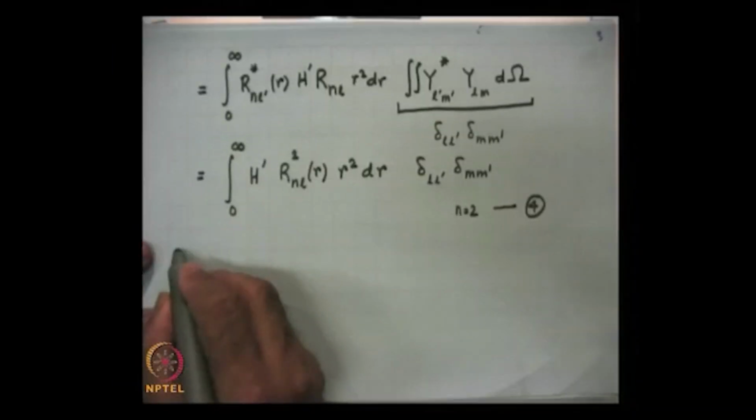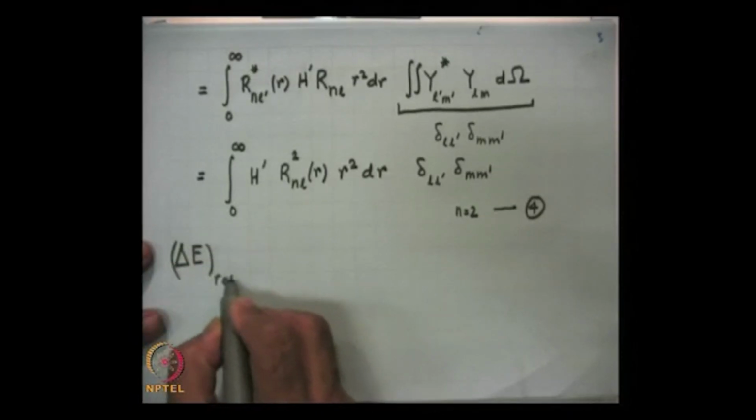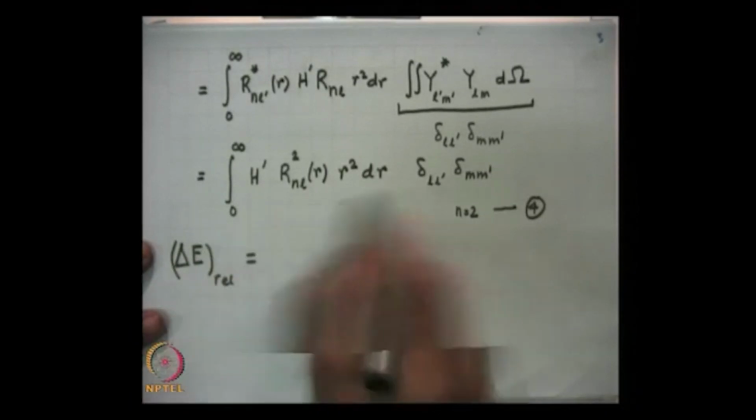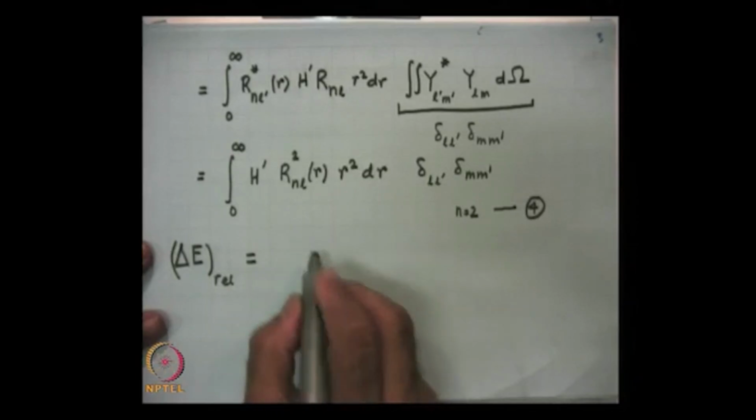So, we already have a representation in which h prime is diagonal, and therefore the diagonal elements will be the perturbation. Therefore, the delta E due to relativistic effects will be just the diagonal terms when L is equal to L prime and M is equal to M prime.